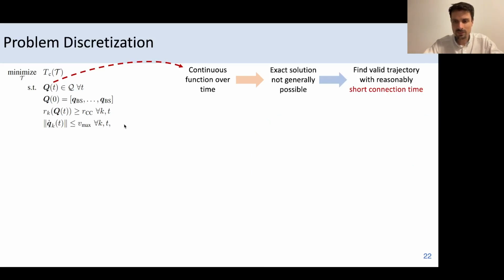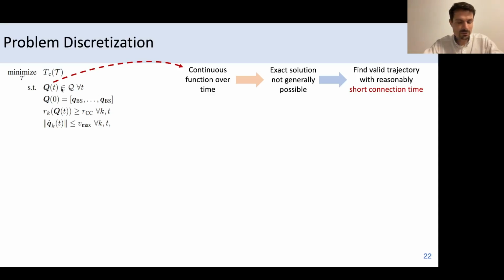Instead, the most we can hope for is to find a valid trajectory with a reasonably short connection time. So by valid, we mean that the user is served eventually, right?